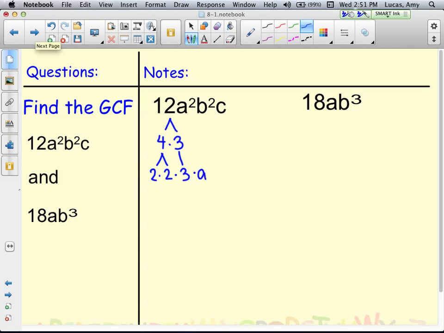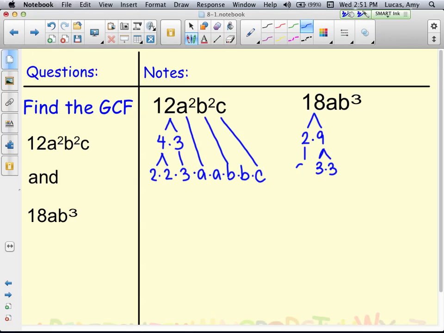And then I've got 2 A's, 2 B's, and a C. The next one, 18. 2 times 9, and 9 is 3 times 3, and then I've only got 1 A, and I've got 3 B's.